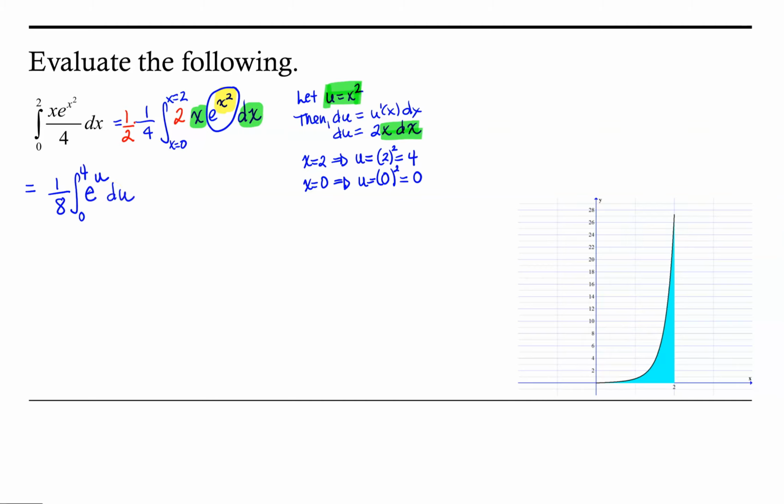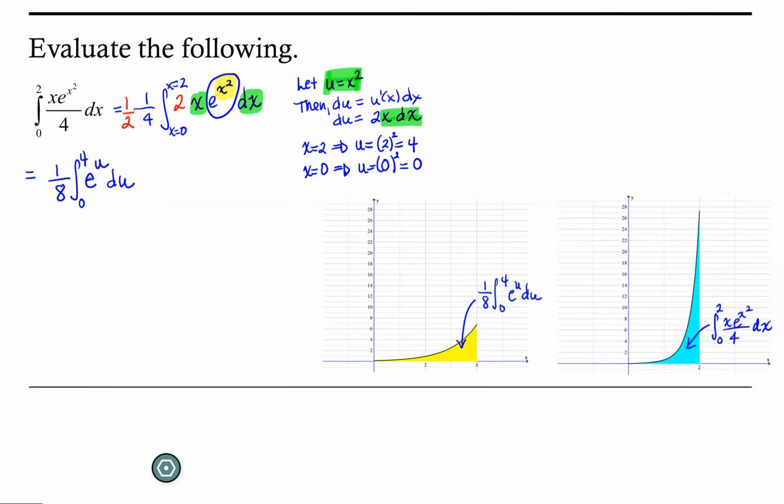So we've gone from an integral where the integrand was more complicated to an integrand that's rather simple. It's e to the u and something that's easily evaluated.